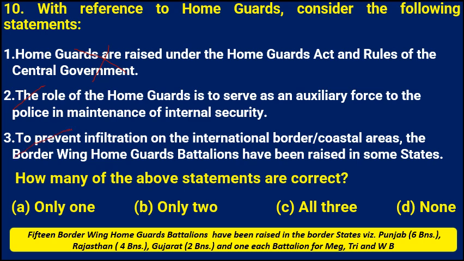Yes, this is also correct statement. 2 and 3 statements are correct, so that answer is B. Only 2 statements are correct. Here I mentioned there are 6 states that have border wing Home Guards battalions. They are Punjab 6 battalions, Rajasthan 4, Gujarat 2, and Meghalaya, Tripura and West Bengal. Each one has 1 battalion.